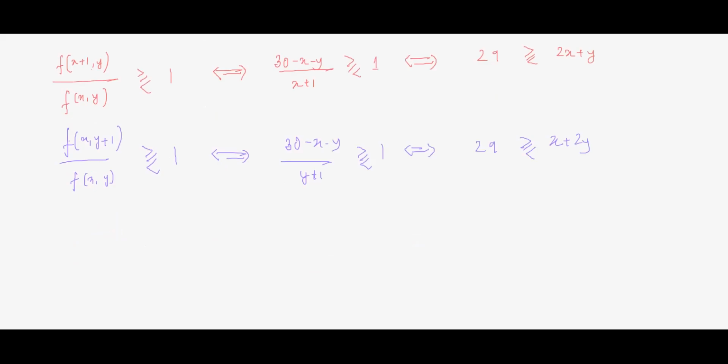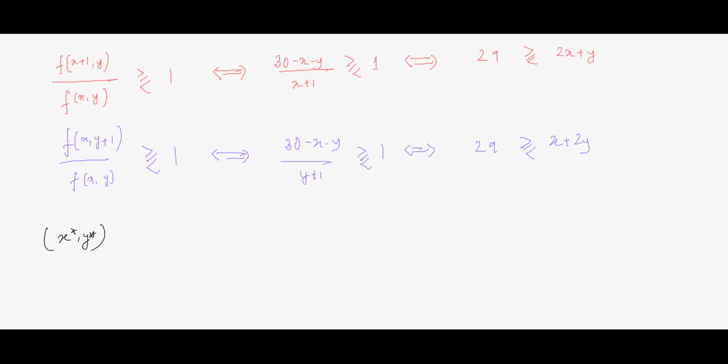Now understand, since it's a finite number of terms, the maximum must exist. Let's assume that (x star, y star) is where the maximum of f of x, y is happening. It can take many values, but let's take one of them.